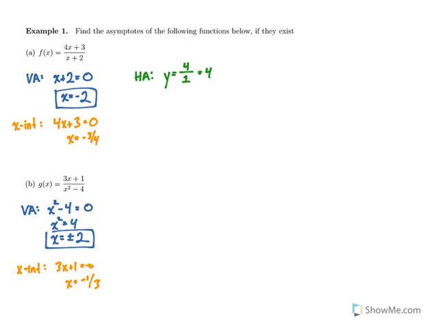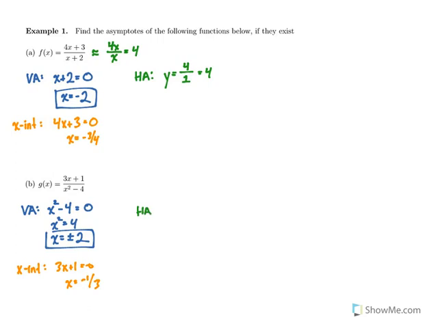The idea here is that as x goes to infinity or -infinity, the dominating functions on the top and the bottom are the 4x and the x. And as the x's cancel out, this function just looks like 4 if we think about just the dominating functions. That's an idea we're going to go over a lot in limits in calculus material.